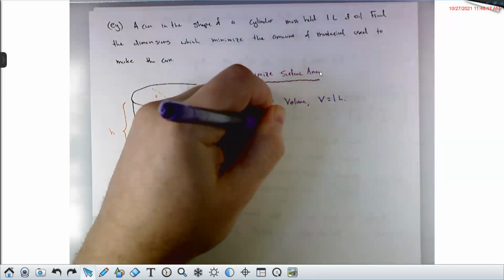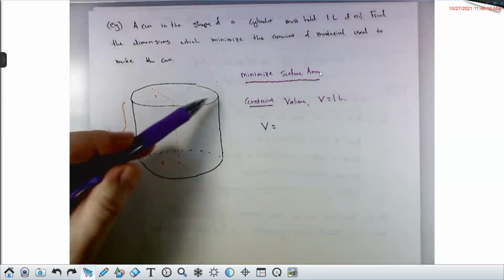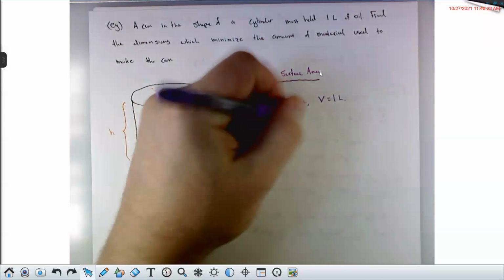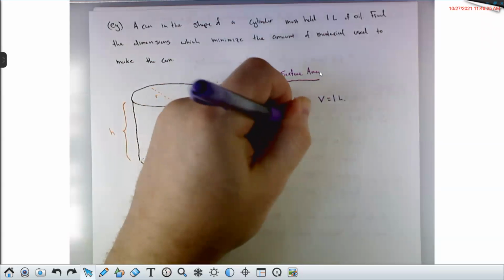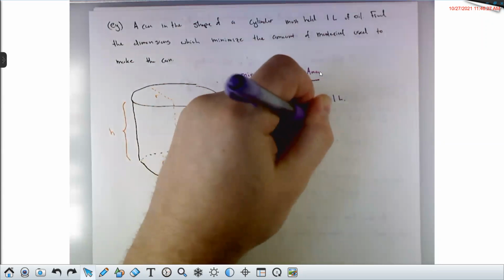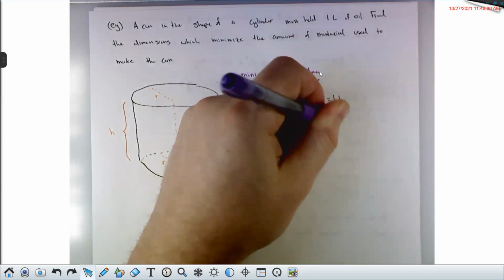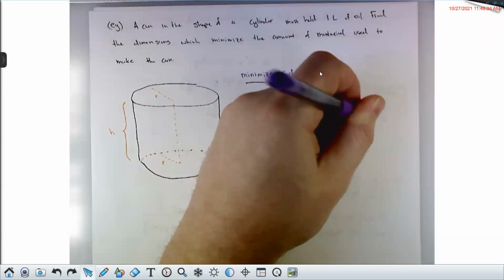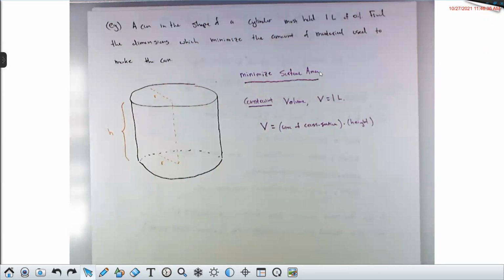The volume of a cylinder, think about taking this area and multiplying by this height. It's the area of a cross section times the height. Just like when you're finding the volume of a box, you find the length times the width times the height.